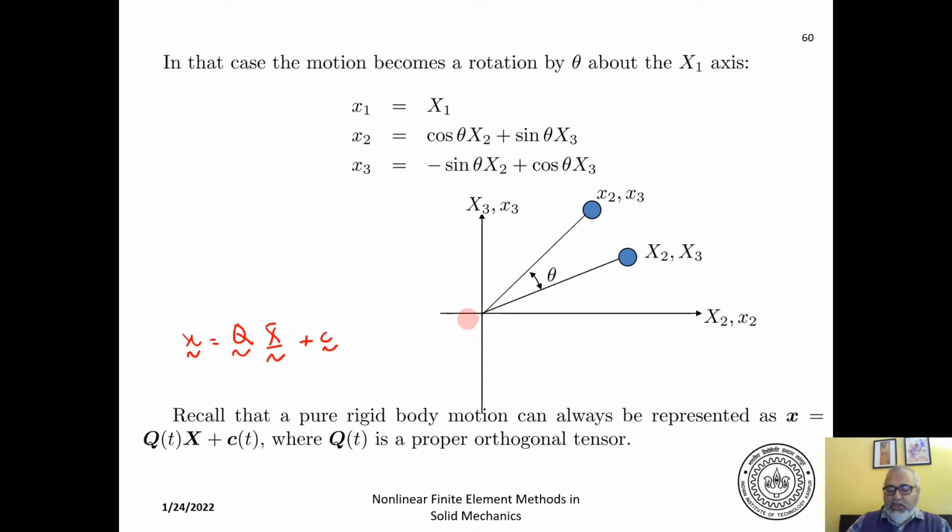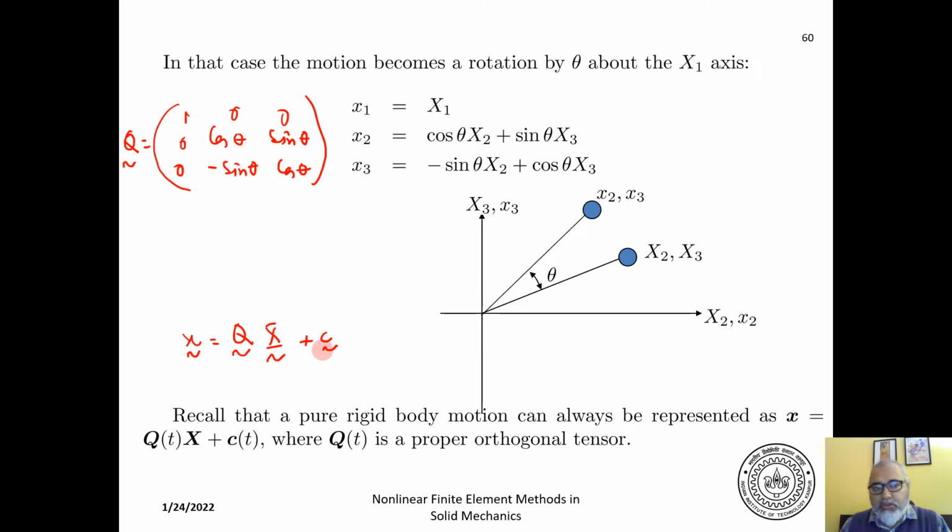There's no translation of the origin, but there's a rotation, and the rotation is given by this. So this is the rotation tensor that governs this rigid body motion.